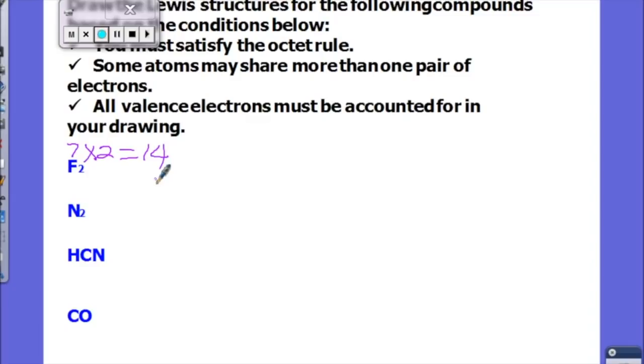Step 2, you place them. This is fluorine, this is fluorine. Step 3, you connect them with a dash, which represents a single bond, a pair of shared electrons. This represents 2 electrons. I subtract them from 14, gives me 12.